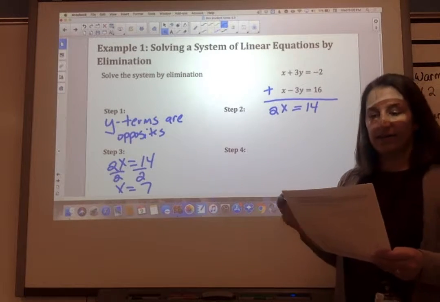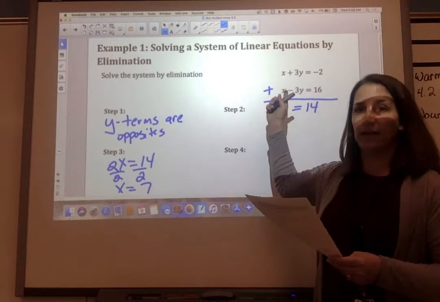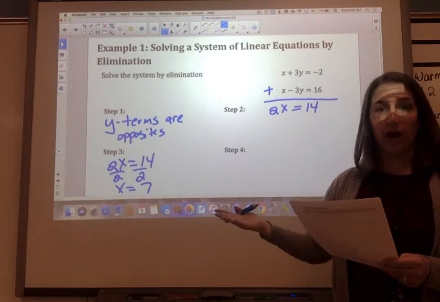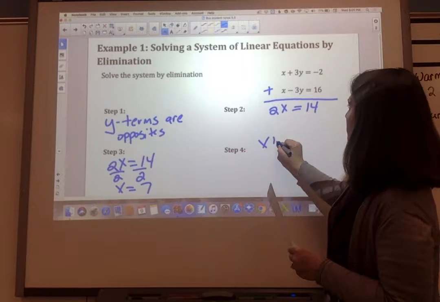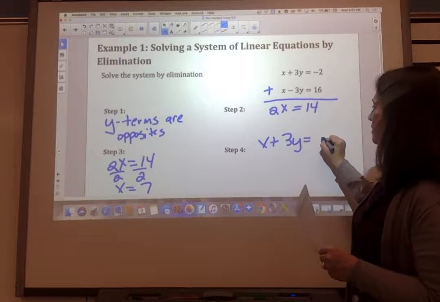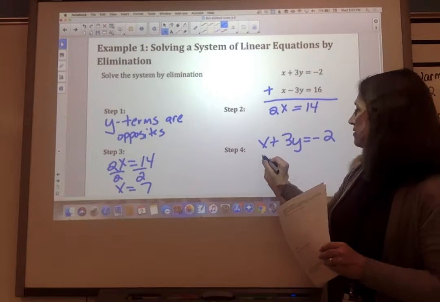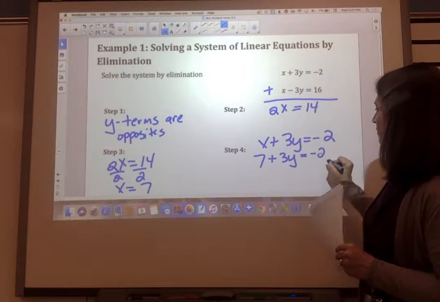Okay, and then step 4 was to substitute this value, x, into either one of the original equations to solve for y. So let's go ahead and use the first equation, x plus 3y equals negative 2. But we're going to substitute 7 for x. So we have 7 plus 3y equals negative 2.